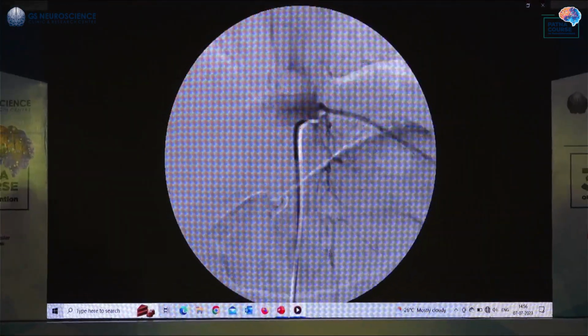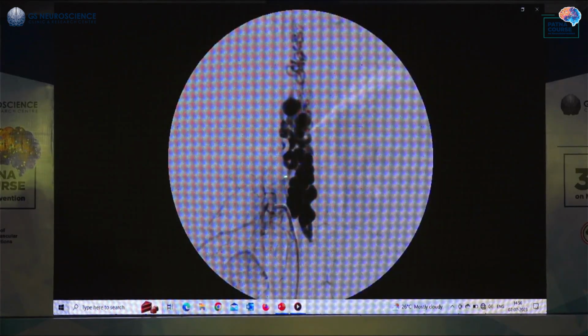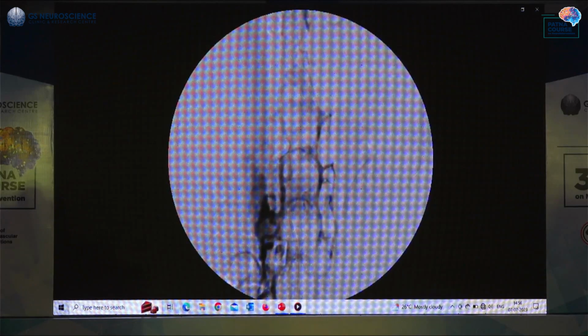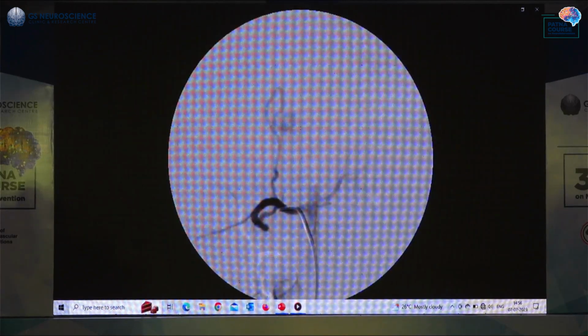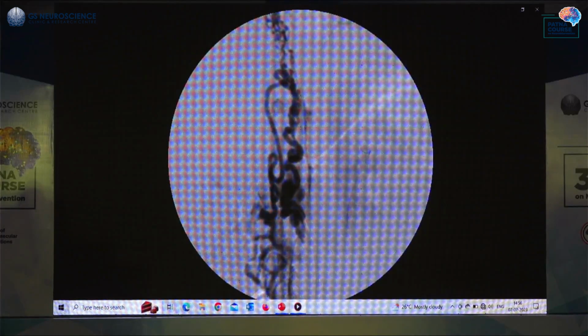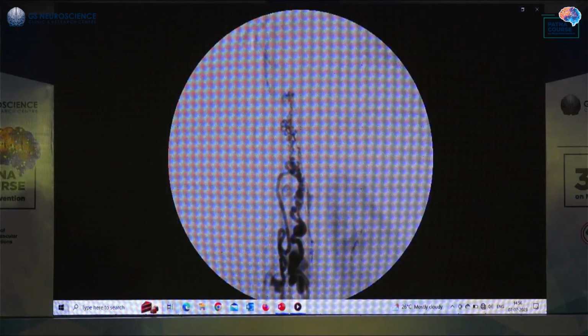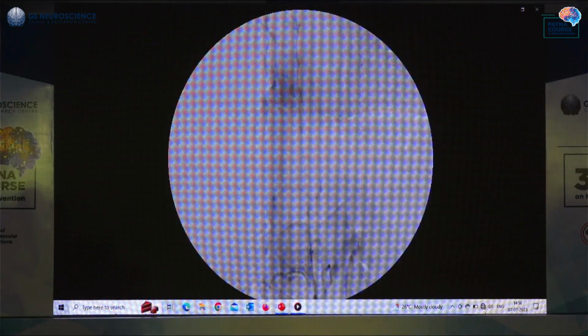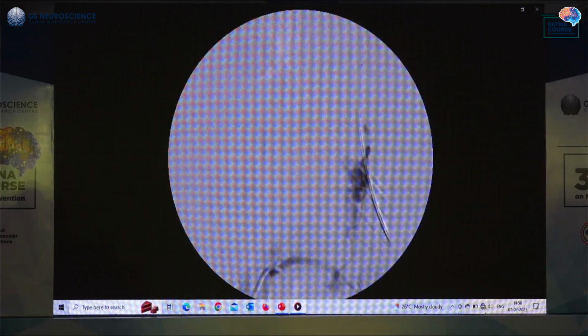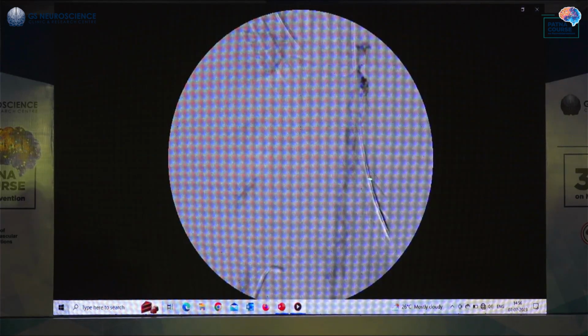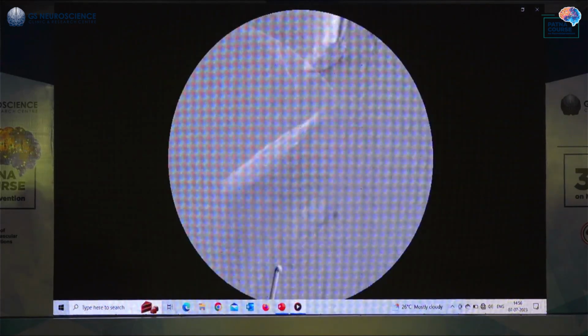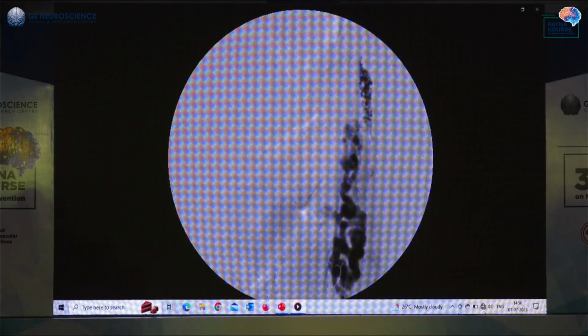So this is the artery of Adamkiewicz. And this is the fistulous connection. Marked venous congestion. This is the lateral view.